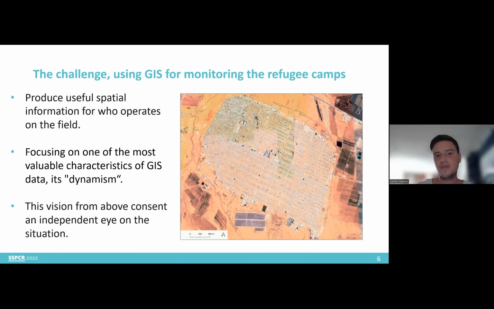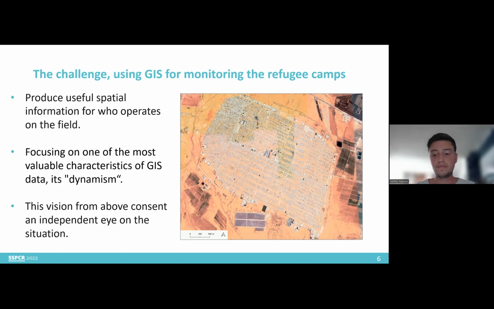So to respond to our challenge, in summary, was to use GIS for monitoring the refugee camps. We have thought about using GIS to produce spatial information for who operates in the field, not a mere data analysis, but thinking about, okay, the data that we are going to develop could be used by who operates in the field. And on the other hand, we are going to focus on one of the most valuable characteristics of GIS data, its dynamism.